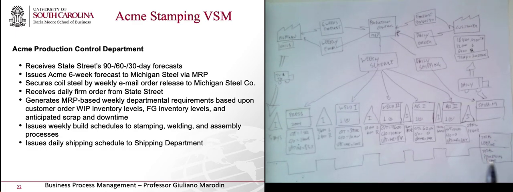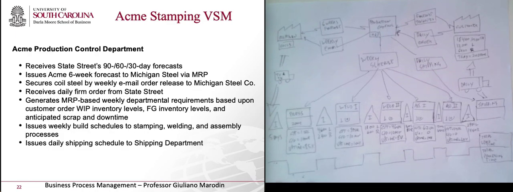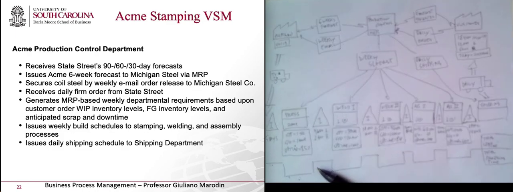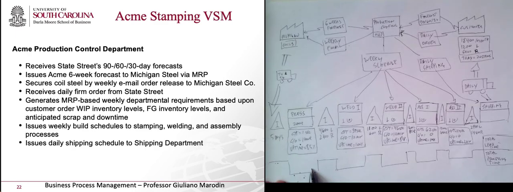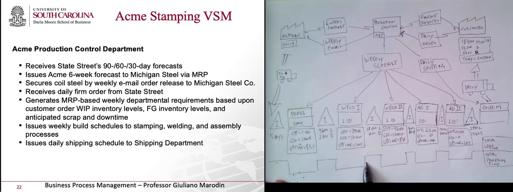So how do I calculate the total processing time? It's only taking into consideration the value added steps. Okay, so let's think about here, right? We have the press as a value added step, the weld 2, assembly 1, and assembly 2.